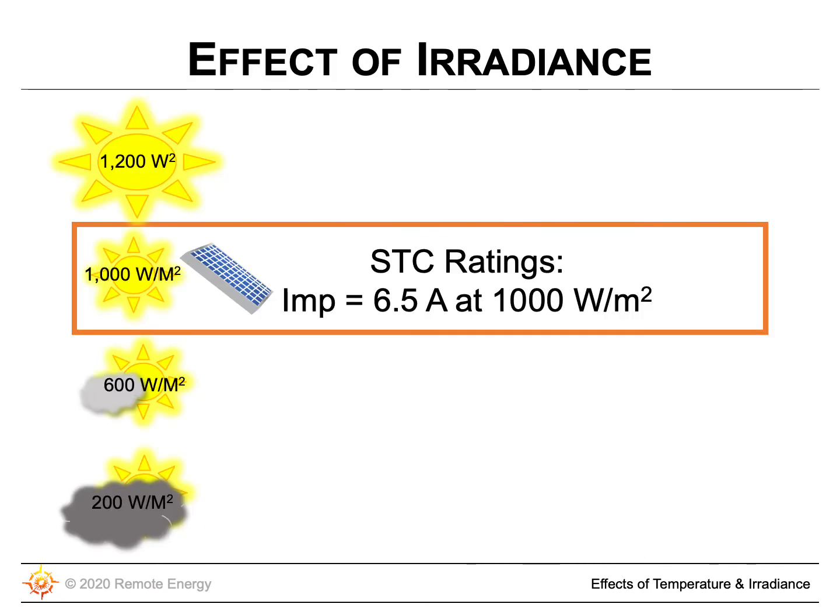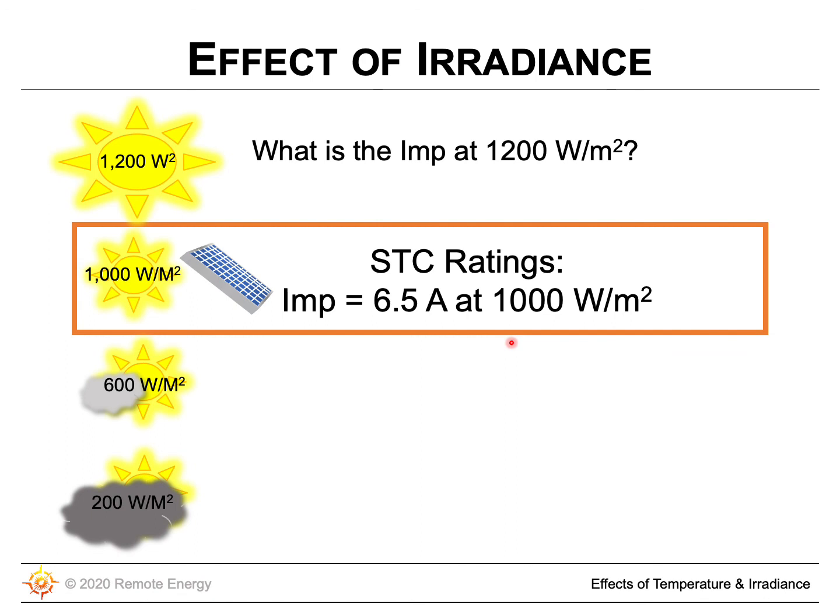So on our last slide, we just want to look at the effects of irradiance one more time, where we're saying that if the standard test conditions state that the IMP is 6.5 amps at 1,000 watts per meter squared, then if we have a sunnier day, we should see more amps, correct?